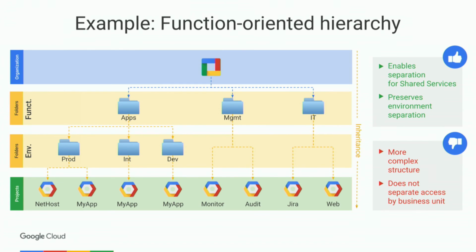If you take a slightly more complicated view, you could organize at a second level by function. So you have applications, you have shared services, and then underneath, a relatively similar structure. The downside is you're getting a little more complicated. The upside is you've got a little more flexibility in terms of adding shared services, recognizing that there are different functions of applications.